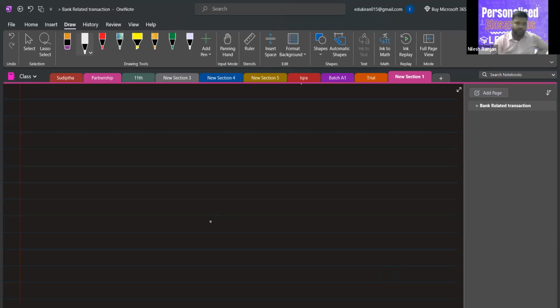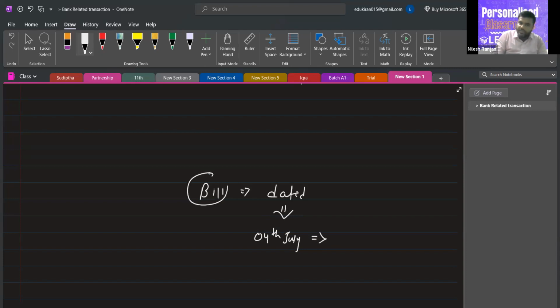Now you should ask a question here: why will the bank charge money from us for depositing bills? Because a bill is generally a dated instrument. Let's say today is 4th of July, and the bill date is, let's say, 4th of September.